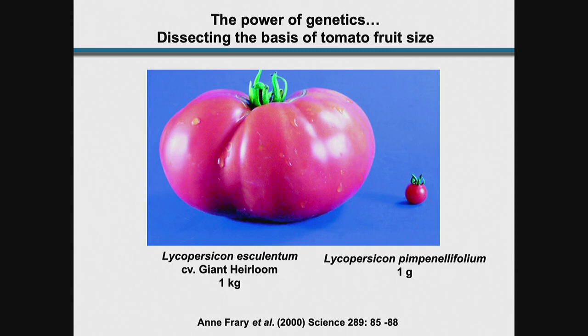All right. So the idea is two inbred lines of tomato that differ dramatically in fruit weight, and this is just an example here. Tomatoes actually come in a gigantic variety of shapes and sizes. Everything from this giant heirloom, which gives rise to fruit up to 1 kilogram, to this tiny little cherry tomato, whose fruit weight is about an average of 1 gram.